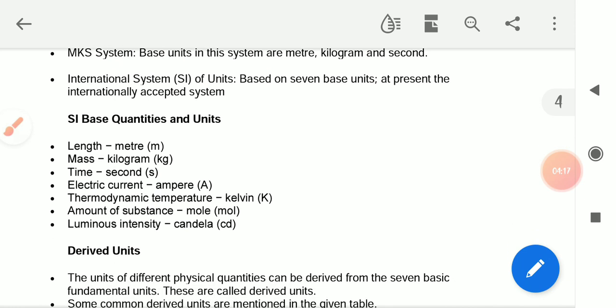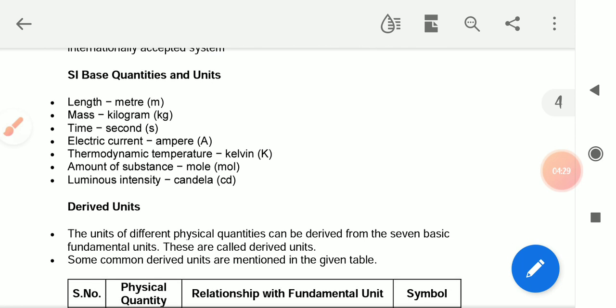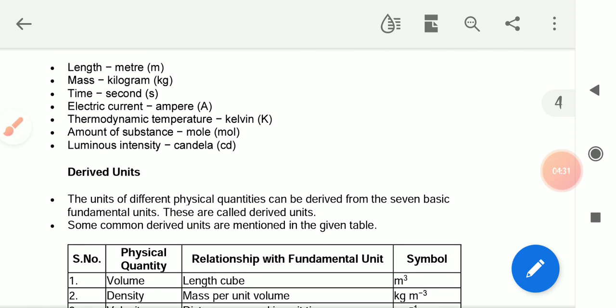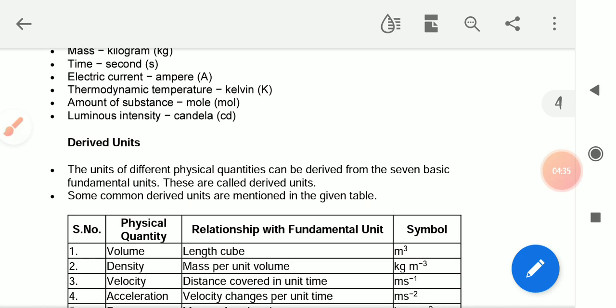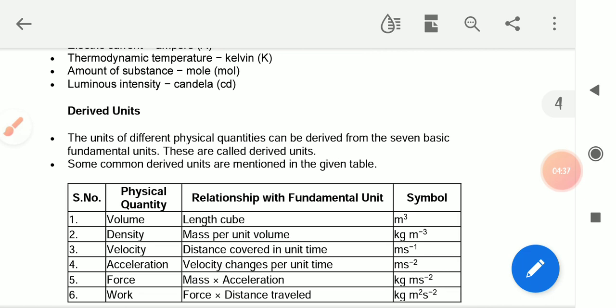SI base quantities and units: length, meter; mass, kilogram; time, second; electric current, ampere; thermodynamic temperature, Kelvin; amount of substance, mole; luminous intensity, candela. Derived units are the units of different physical quantities that can be derived from the 7 fundamental units.